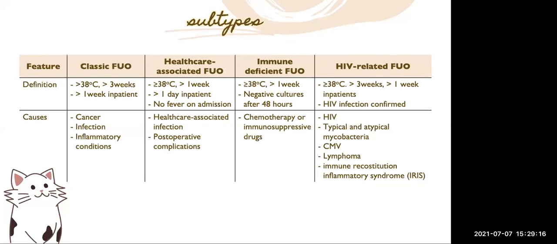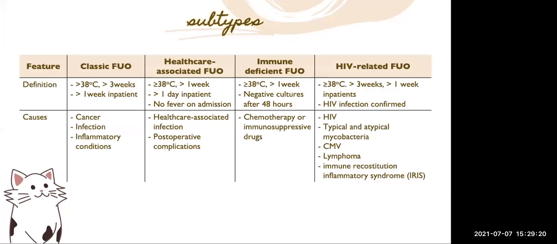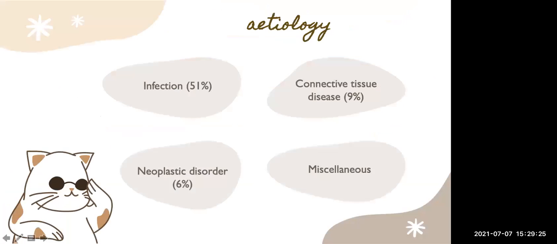Next. It is called FUO because we do not know the cause yet, so we have to find the underlying etiology. The common one is infection, which accounts for more than 50% of cases. Next is connective tissue disease, such as JIA and SLE, and then neoplastic disorders such as leukemia and others.